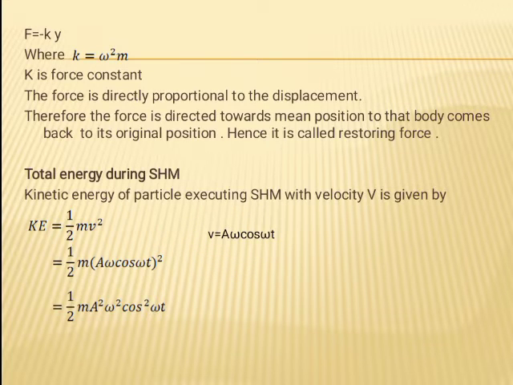Yes or no? So I'm substituting the value of v here. Square is there, so square it. You get half m a square omega square cos square omega t. Now this is your value of kinetic energy.